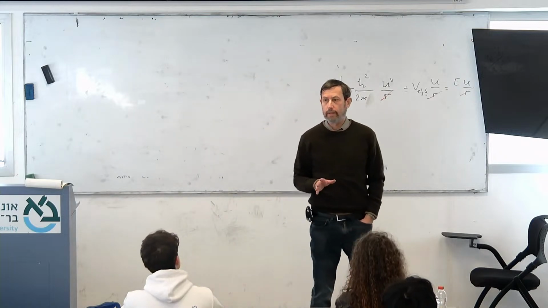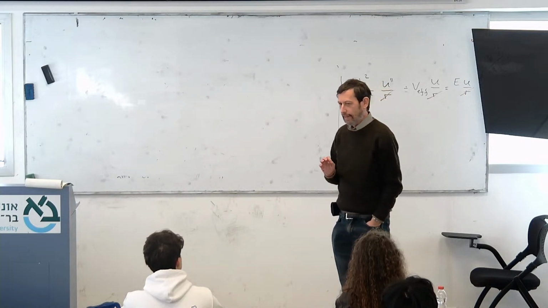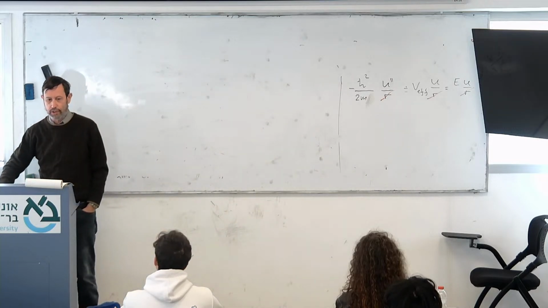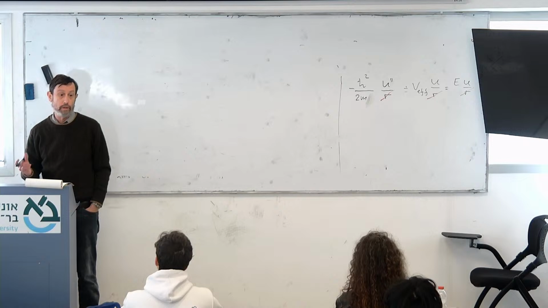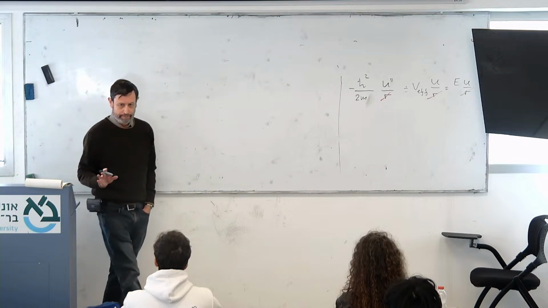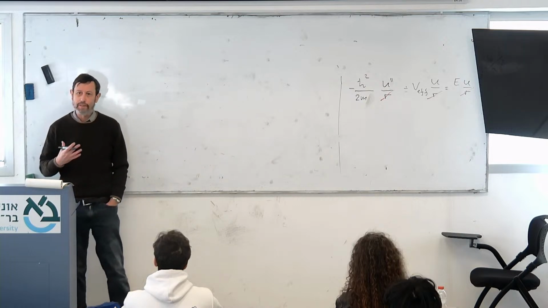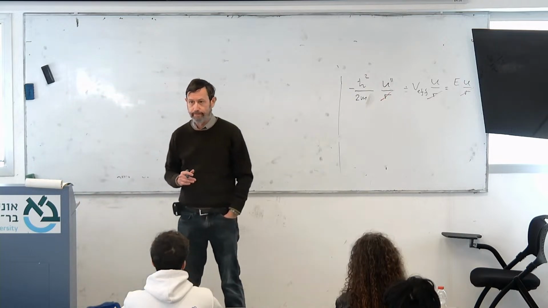We will try to understand the physics. And the physics goes back to the definition of what is angular momentum. So we'll do a detour and remind ourselves what is angular momentum.